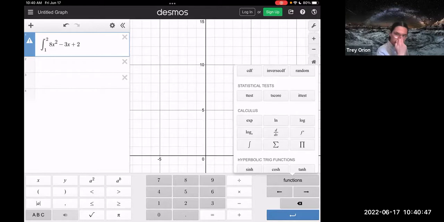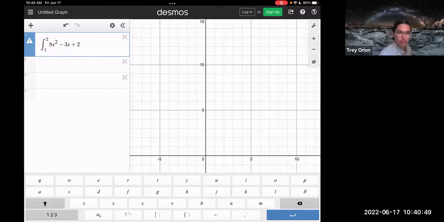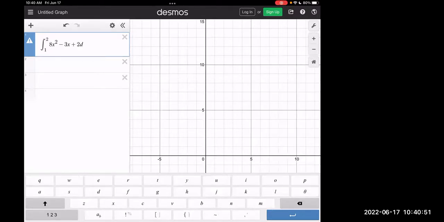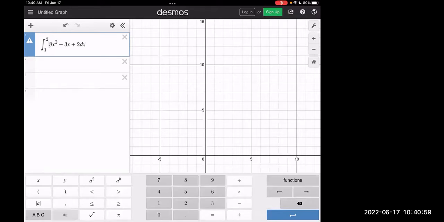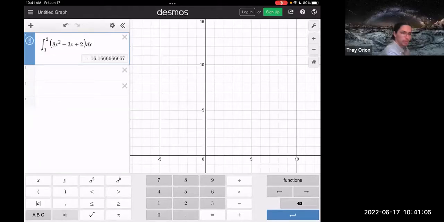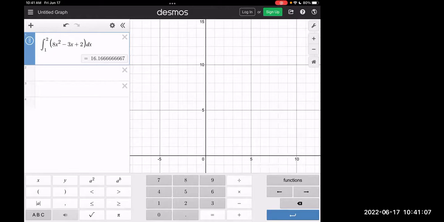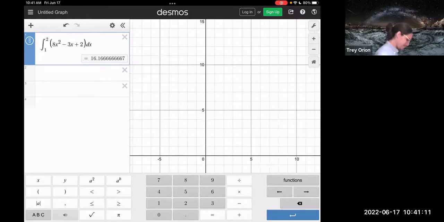Can you just type it, dx? Maybe. We'll try. Then I'll stop because I hadn't tried this ahead of time. You just type it. And then let's put parentheses around here. Oh, yeah. Woo! Magic. Look at that. Works.